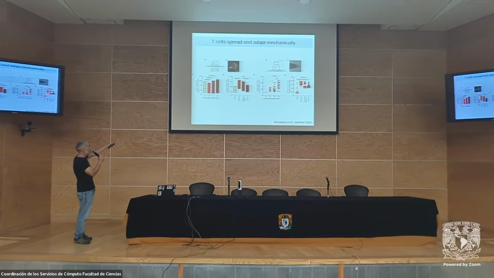Then we studied, as we already did, is there any variation of the area as a function of the molecule, or let's say the gel elasticity, or the subtype of the cell? In fact, we worked on this with two cell types. We use Jurkat T cells, this model cell line, just to do the physics of it, because it's easier. And for the biology, we went for primary T cells that we were sorting with kits from human blood.